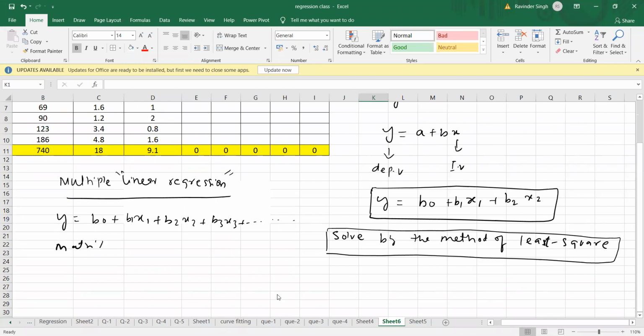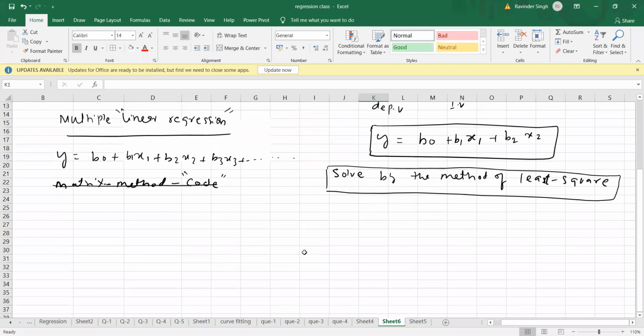It's not easy to solve by simple pen and paper; we have to code it. So that is why I'm not doing the matrix method. I'm going ahead with the least squares method only. So let us go ahead and discuss the least squares method for this regression model of the given data.